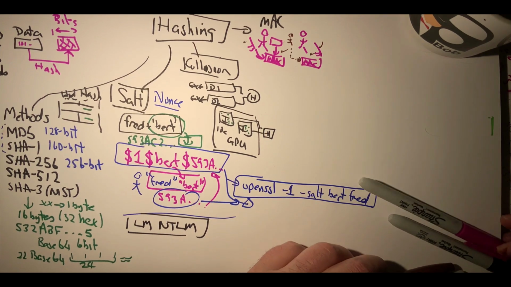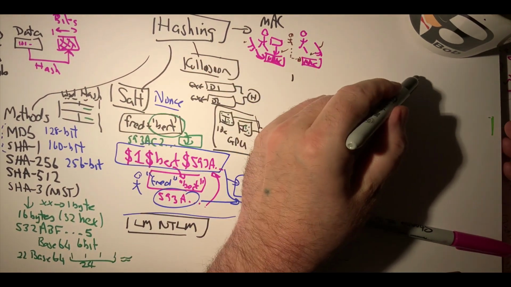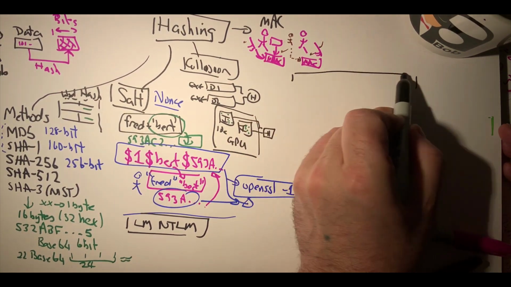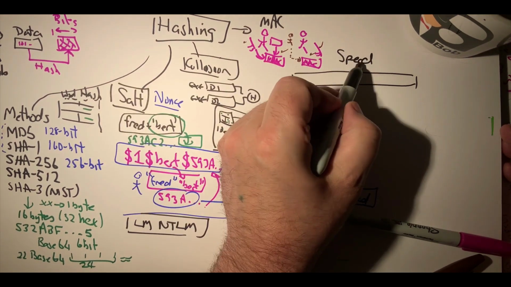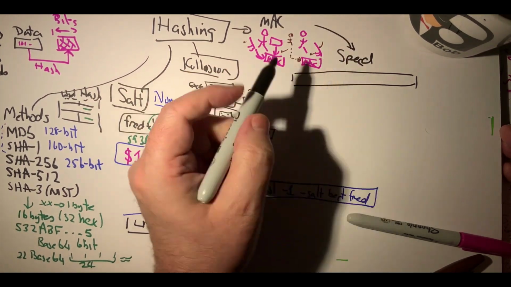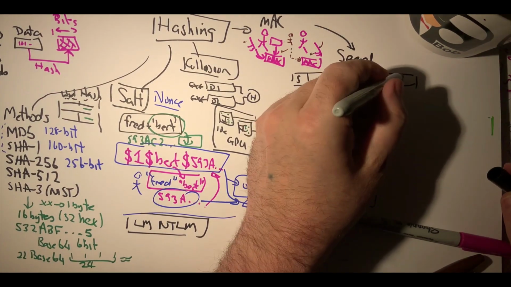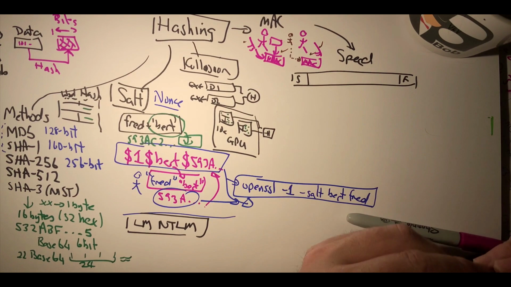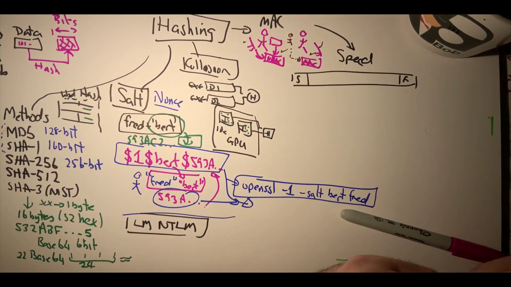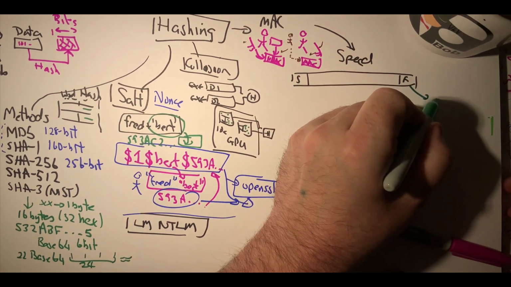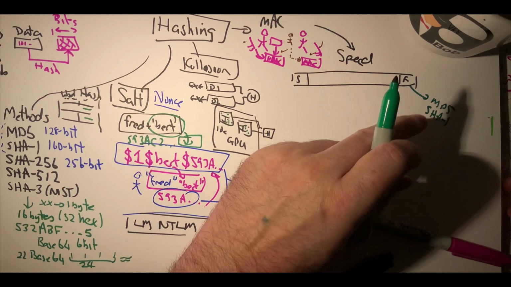When it comes to our hashing methods, there is a spectrum. The spectrum relates to the speed of the method, and we go from slow or very slow to very fast. At the top end, fast methods are MD5, SHA-1, and so on.